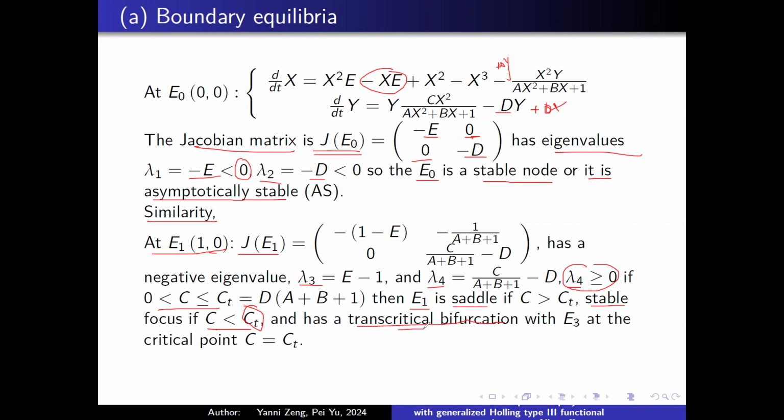Transcritical, we also know transcritical is a bifurcation. Transcritical point means it lies on the boundary. Transcritical bifurcation with E3 at the transcritical point C. This is the condition we can set up and classify.